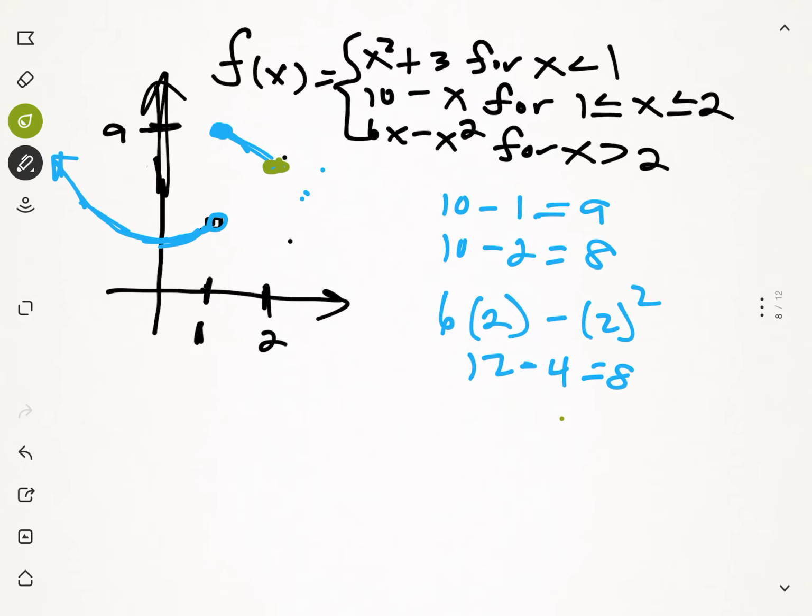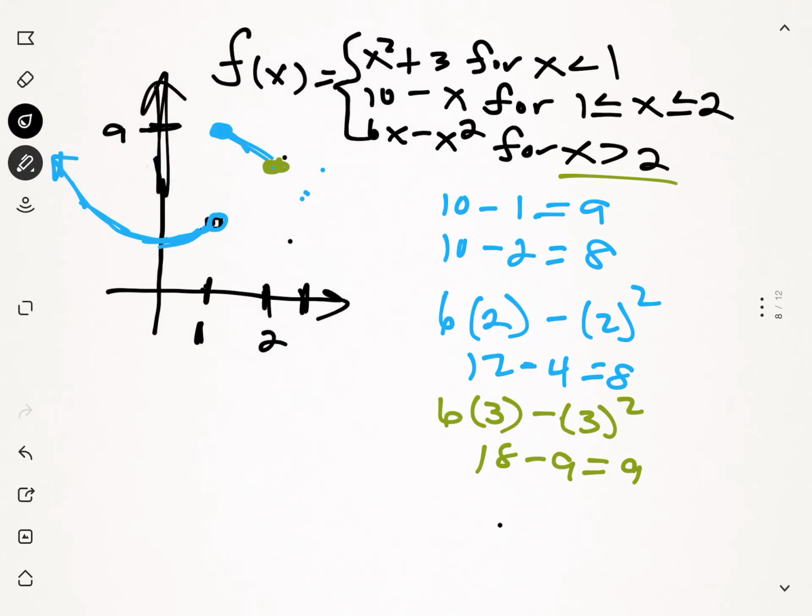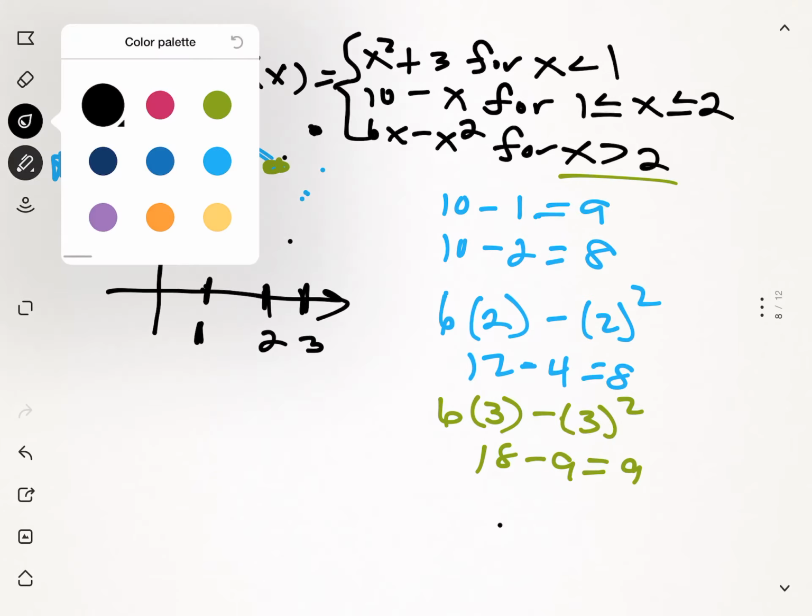Now I see it says x is greater than 2, so let's pick another number. So 6 times 3 minus 3 squared. So that's 18 minus 9 gives me 9 at 3. So I'm going to go up.